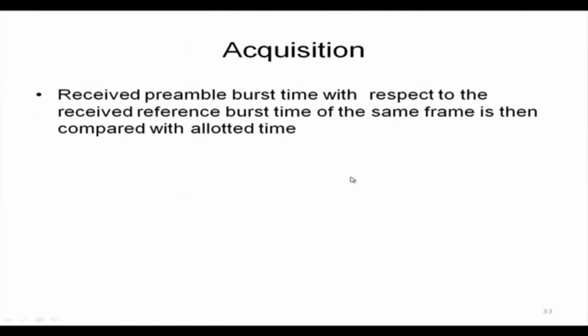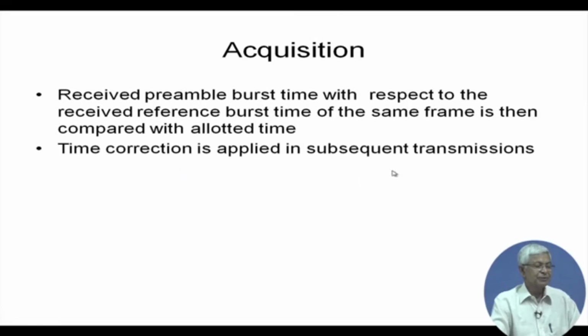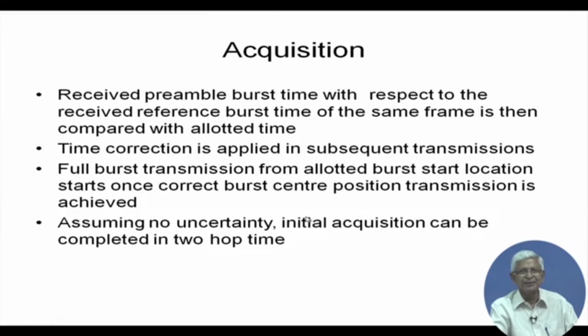If there is an error, then a time correction is applied in subsequent transmissions. A full burst transmission with the actual data from the allotted burst location starts once the correct burst center position transmission is achieved, but it can be achieved very fast.